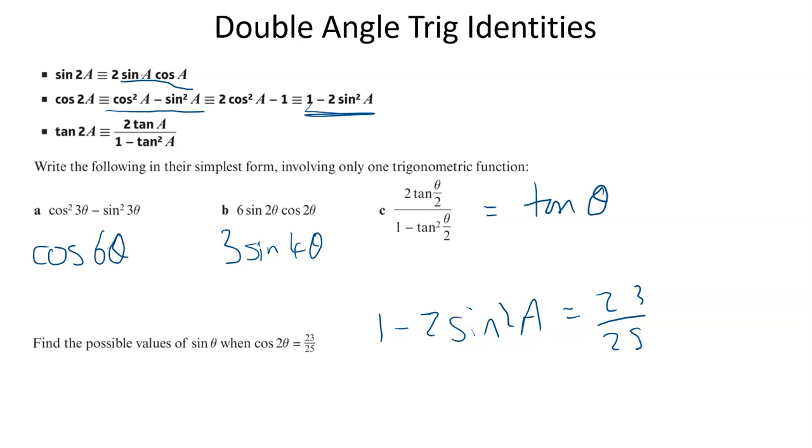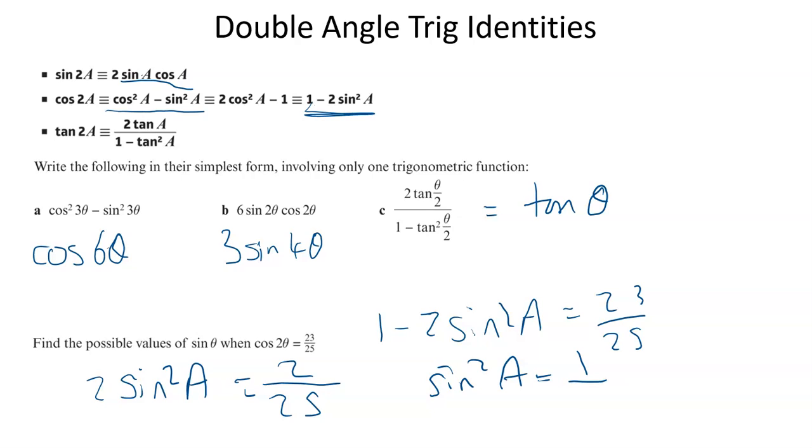Okay, well, let's rearrange this and say that 2 sine squared A, so if we add that to this side and take that away, is 1 minus 23 over 25, which is 2 over 25. And then we can divide by 2, and that will give us that sine squared A is 1 over 25. And now this is looking quite plausible, isn't it? Because if that is sine squared, well, we can just square root both sides, and we can say that sine of A equals 1 over 5.